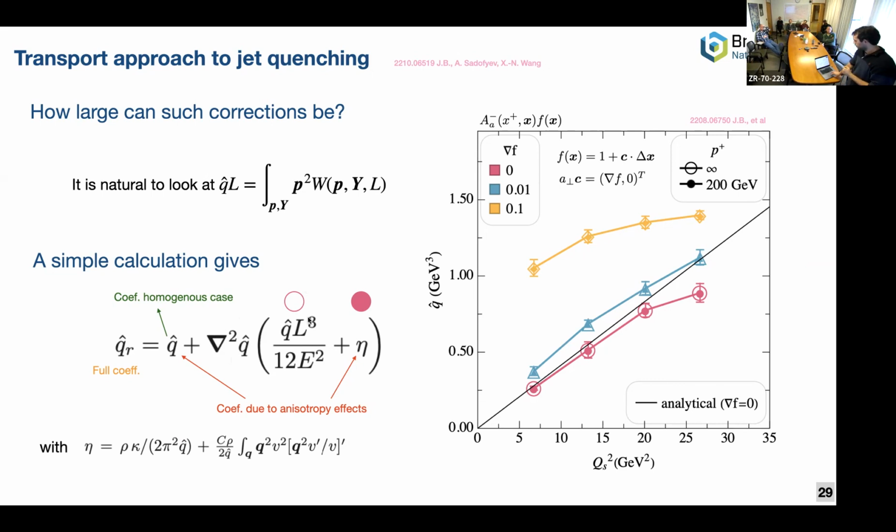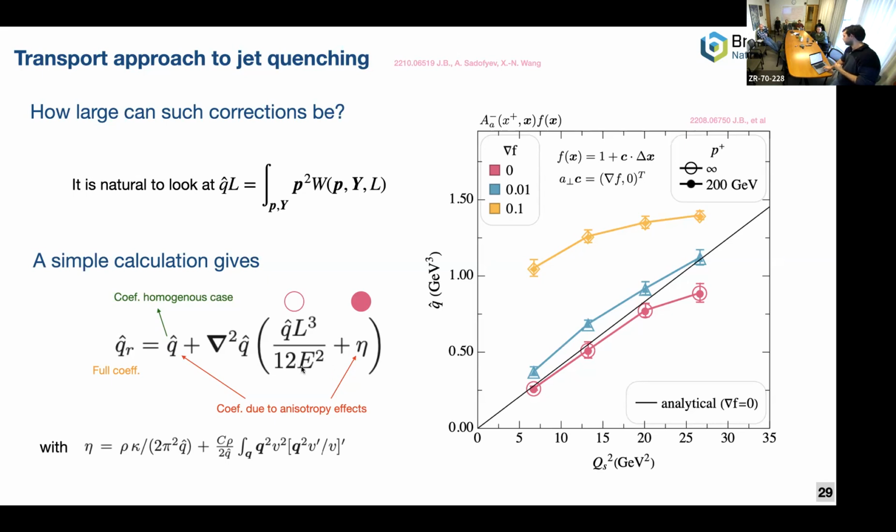And there are two types of corrections. One of them is a sub-eikonal correction, which appears because essentially the expansion in gradients doesn't commute with the eikonal expansion, and because it doesn't commute you get corrections, which is when there is this interplay between these two expansions.